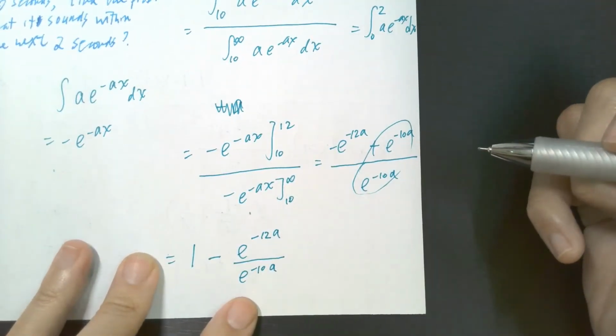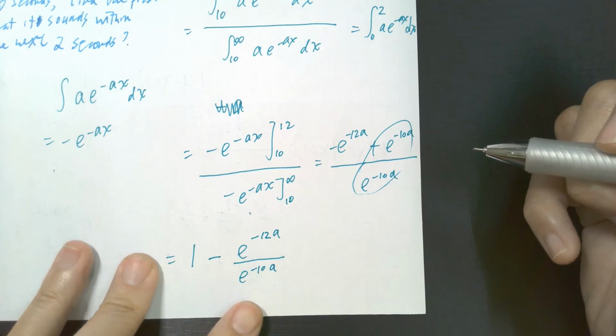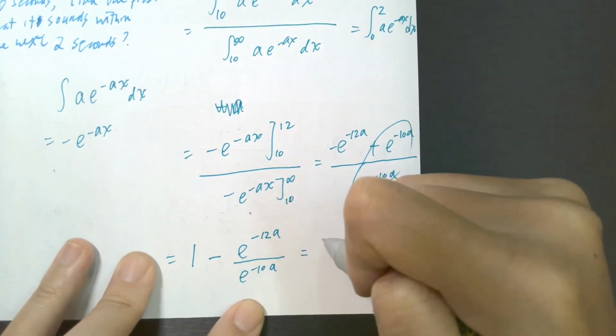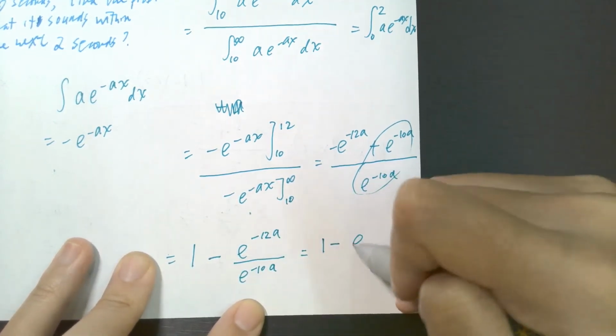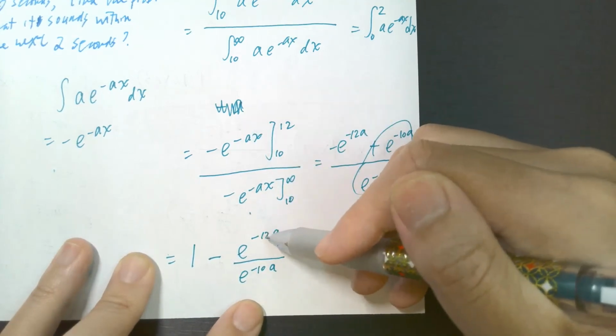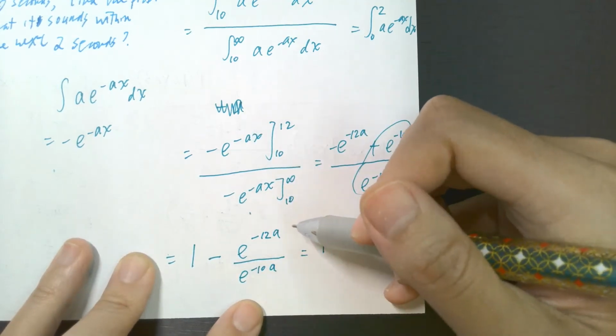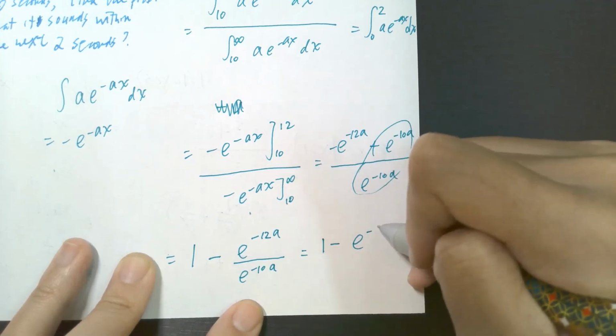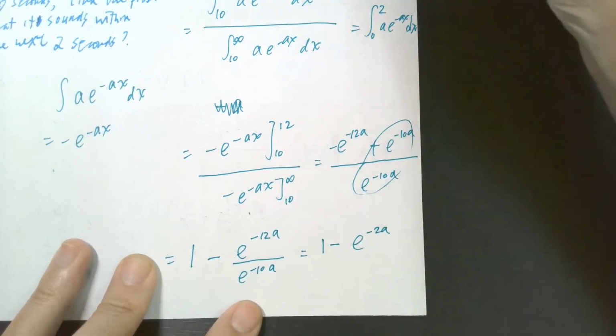So what are we going to get? We're going to get 1 minus e^(-12a) plus negative 2, negative 2a.